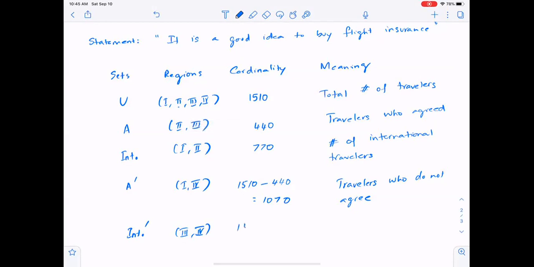So 1510 minus 770 is 740. So we are going to the opposite of the set int. In other words, not whatever set int represents. So int represents international travelers.